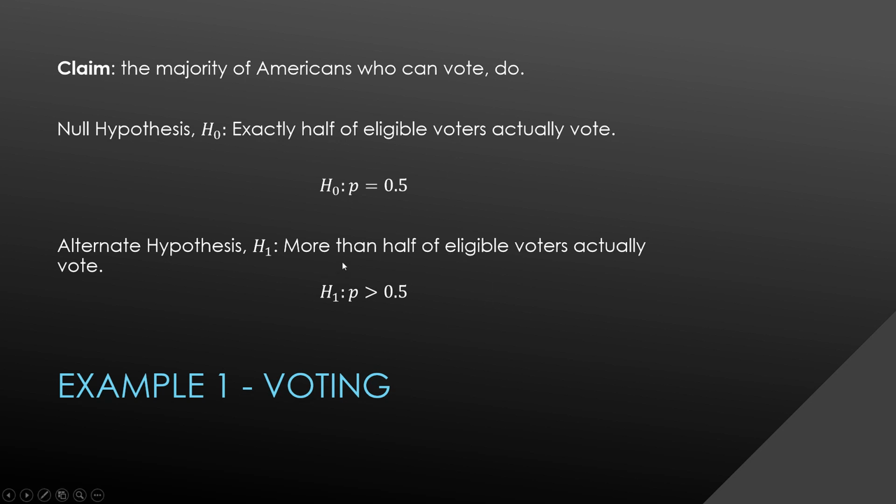And since we want to go beyond that and find greater than, right, we want to see if the majority of voters actually vote, our alternate hypothesis, the one we're going to really see if it holds up or not compared to the null, will be p greater than 0.5. And that's going to be how we deal with that.